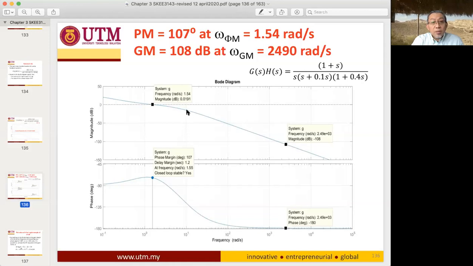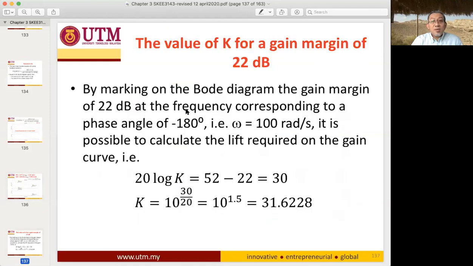Tak nampak kan? So lebih kurang kat sini lah, lebih kurang 52 dekat graf ni. It's about 52. The difference between the 52 and 22 is the amount of shift yang kita perlukan, iaitu 30 decibels.